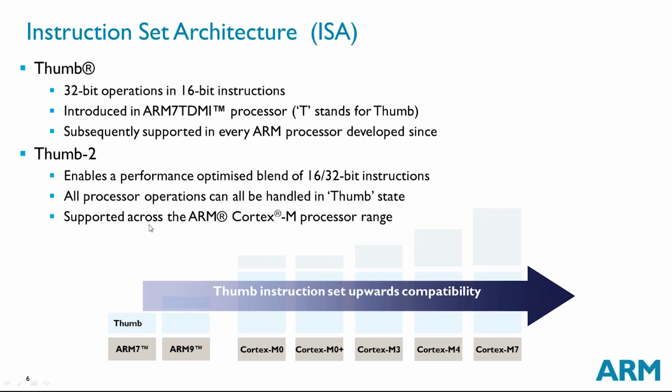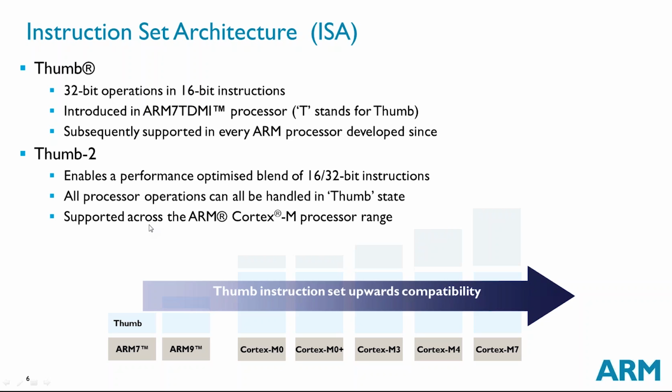And this allows a very, very high code density, and it has been developed into the Thumb2 instruction set, which is a performance-optimized blend of those 16 and 32-bit instructions, which again enables very high code density, and that is supported across all ARM Cortex-M processors.